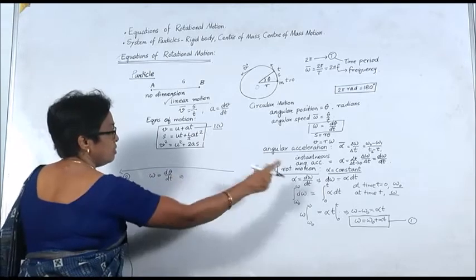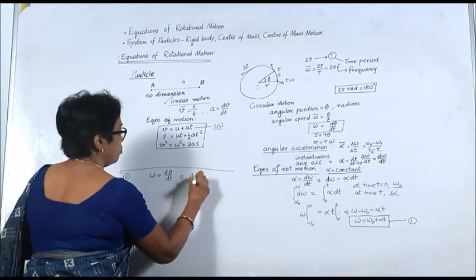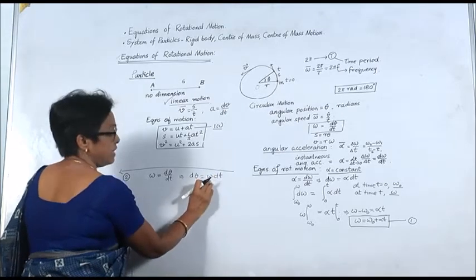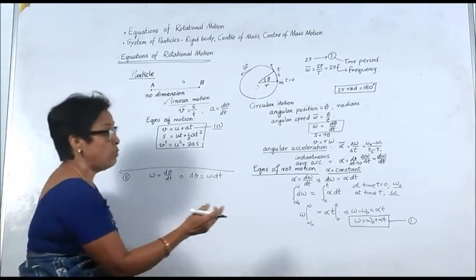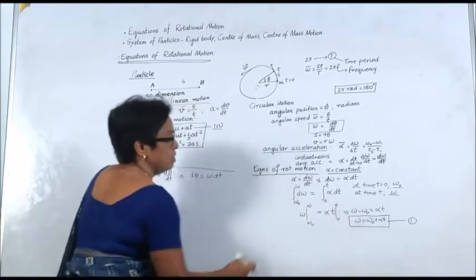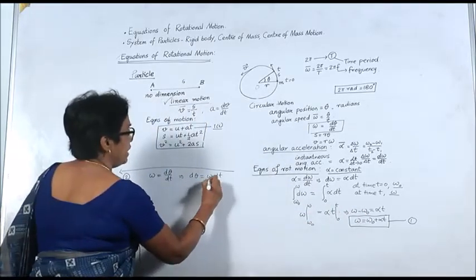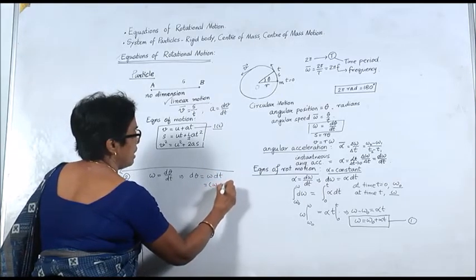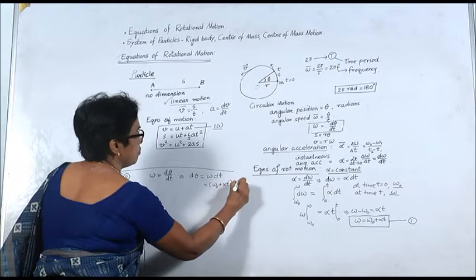So, as before, d theta will be equal to omega into dt, but omega is not a constant. What is omega? We have already found out in equation 1 that omega is this. So, I have to write the value of omega from equation 1, that is omega 0 plus alpha t, dt.